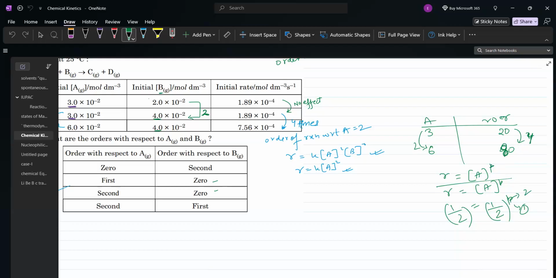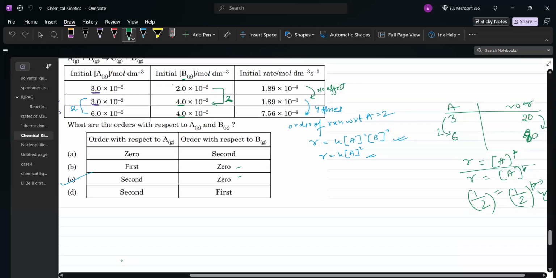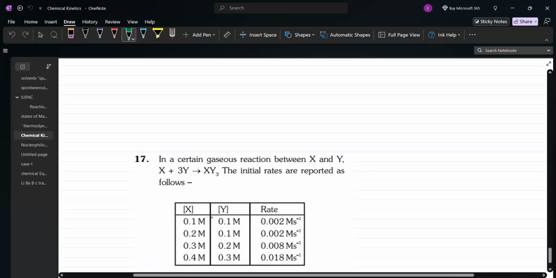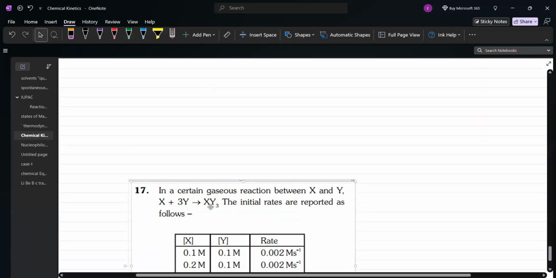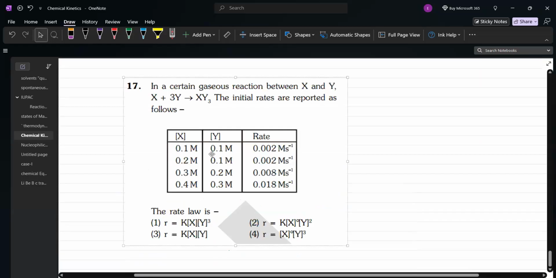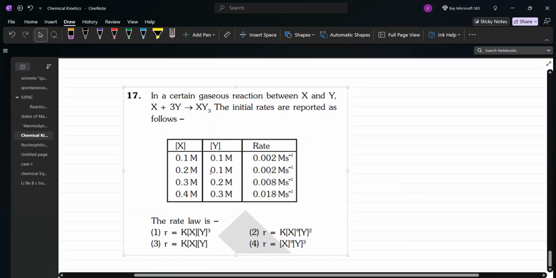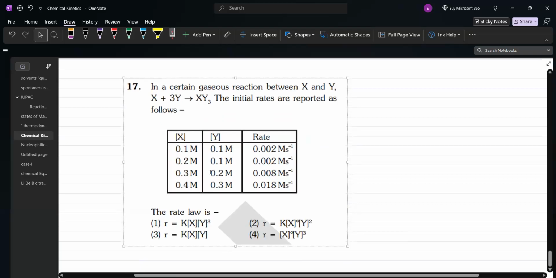So let's try some more questions so that it would be clearer to you. I will give you time to note that down later. First, try to solve this question directly without solving much.